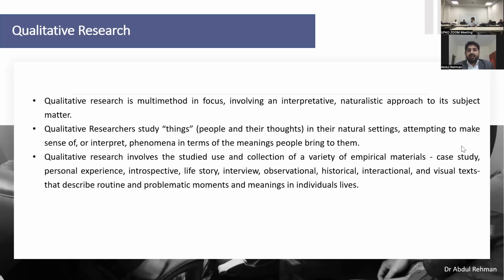So qualitative research involves the study, use, and collection of a variety of empirical materials: case study, personal experience, introspective, life story, interview, observation, routine and problematic moments, and meanings in individual lives. So by this, you can understand that qualitative research deals in depth with the people, with the society, where there is a problem, or where a phenomenon is happening.